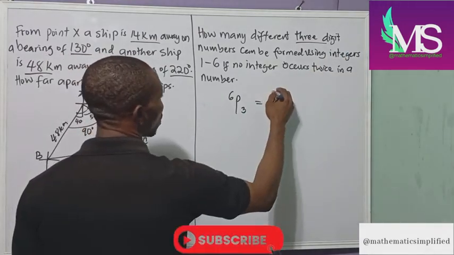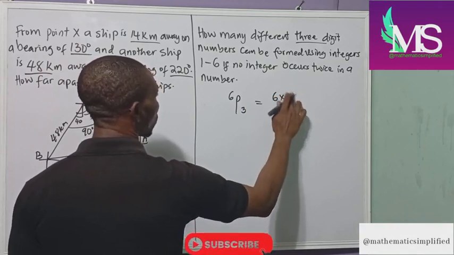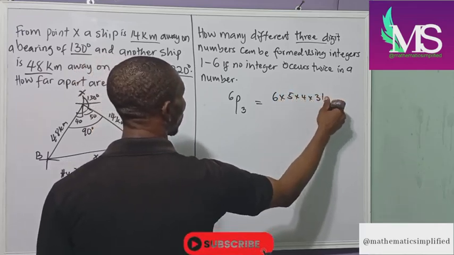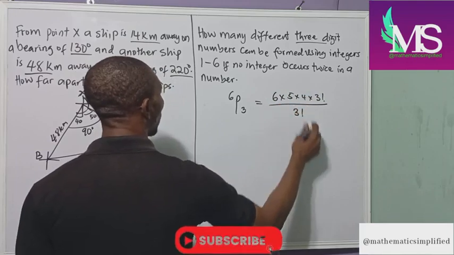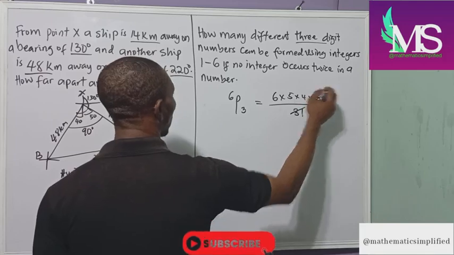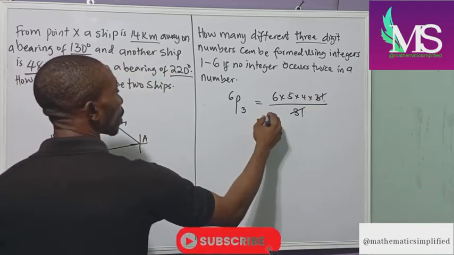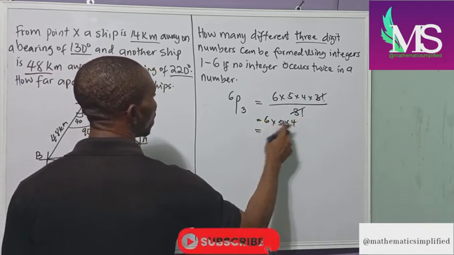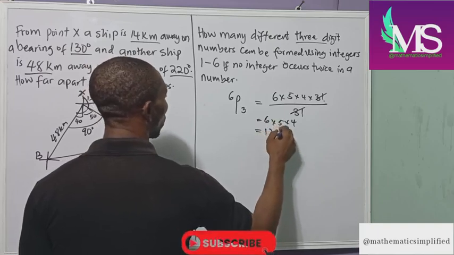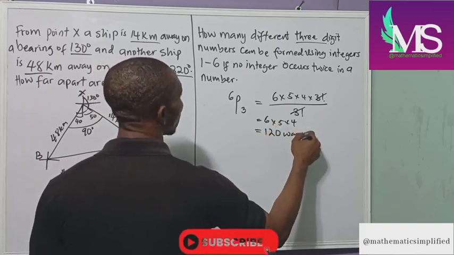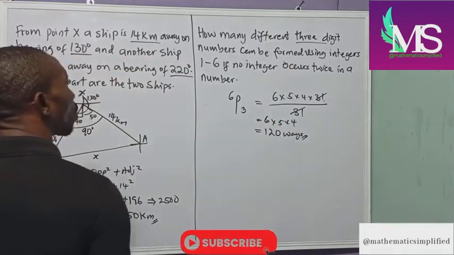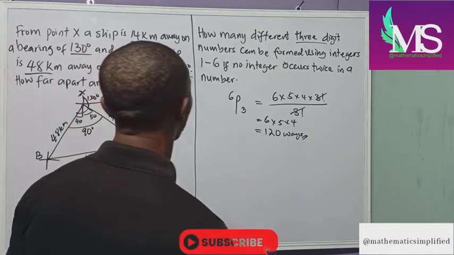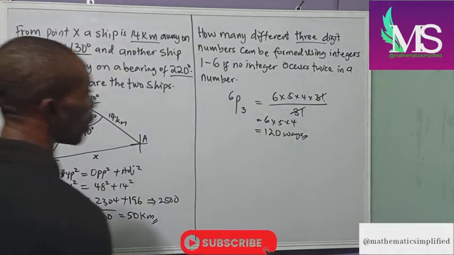So this becomes 6 times 5 times 4 times 3 factorial all over 3 factorial. So we cancel 3 factorial, leaving you with 6 times 5 times 4. Now 6 times 5 is 30. 30 times 4 is 120. So in 120 ways can you write numbers between 1 to 6 in 3-digit form.